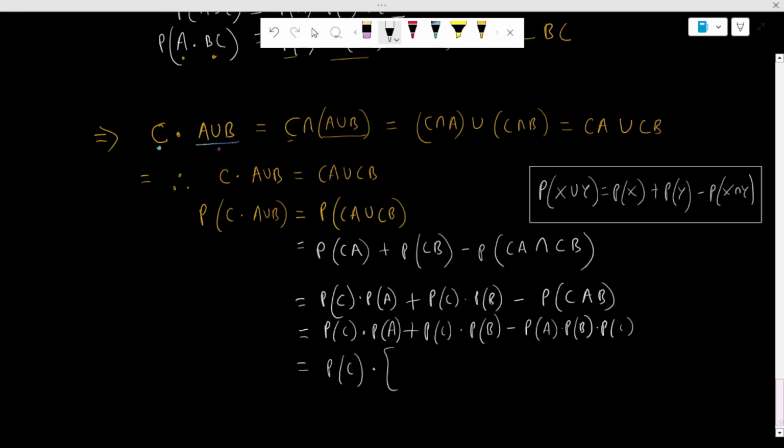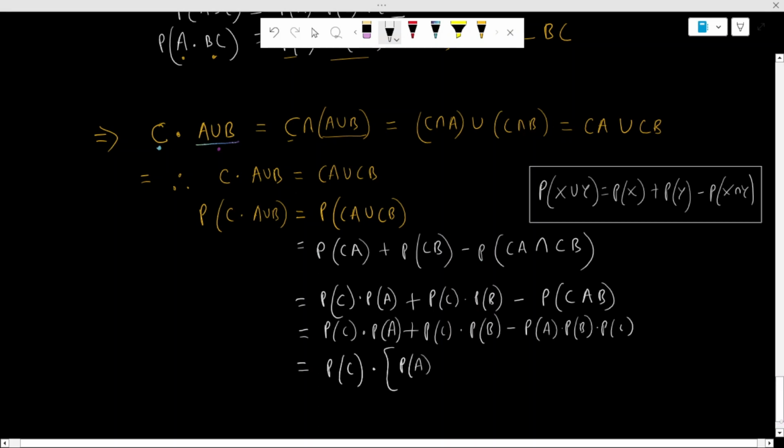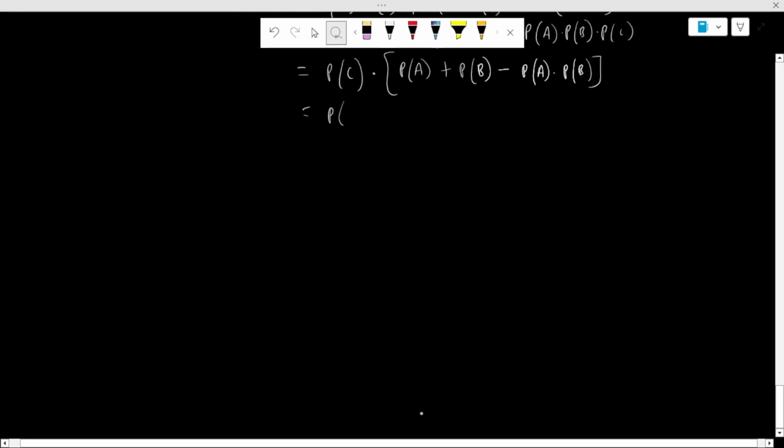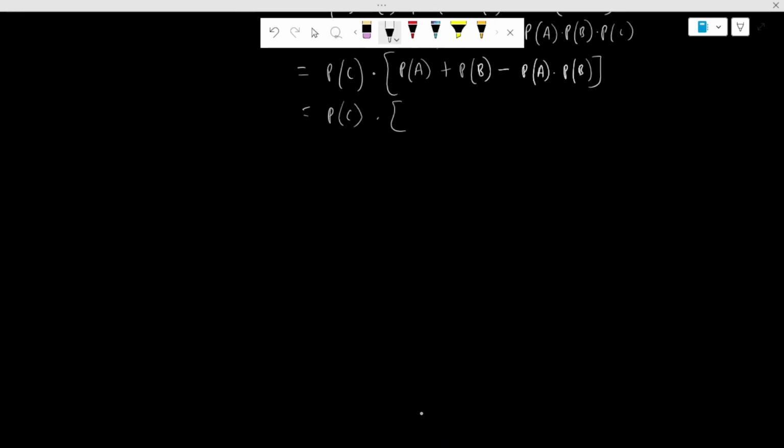Then we are left with probability of A, plus probability of B, and then minus probability of A times probability of B. We know that events A and B are also independent, which is why we wrote the product of their individual probabilities as the probability of their intersection.